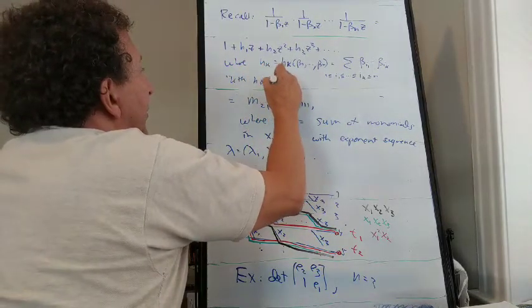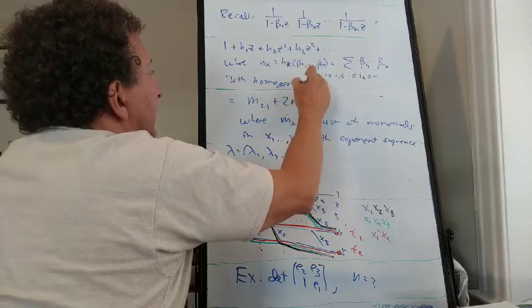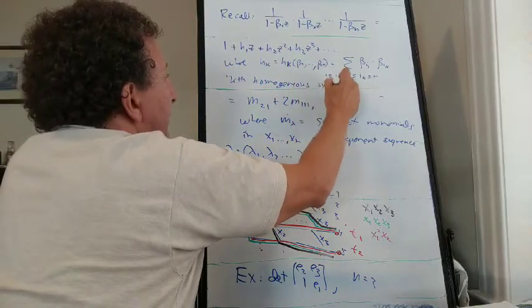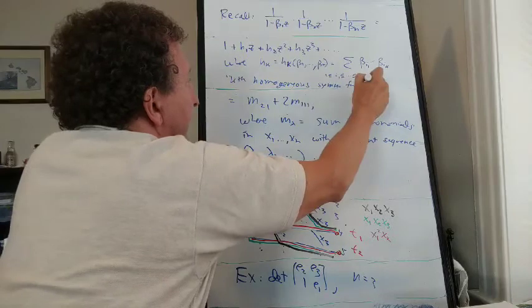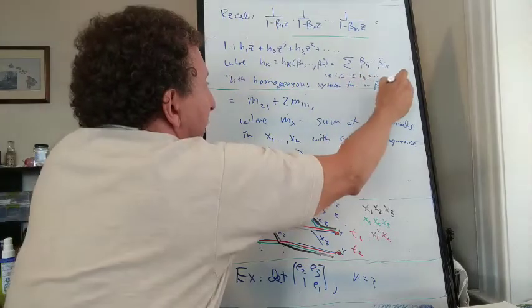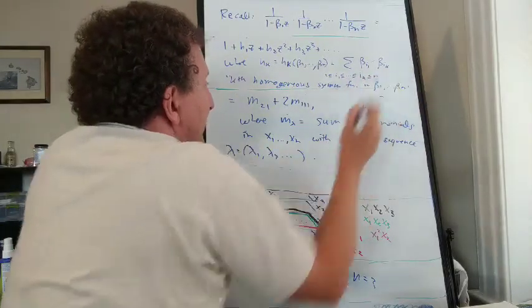We call this the kth homogeneous symmetric function in beta 1 through beta n.